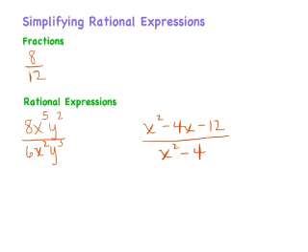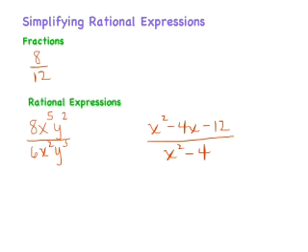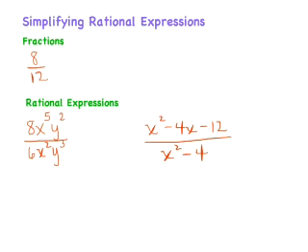If I ask you to simplify a fraction like 8/12, we know that we need to look for common factors and then divide those common factors out. And so sometimes you will see teachers show it this way, where they'll take each of the numbers and actually write it out in prime factorization.